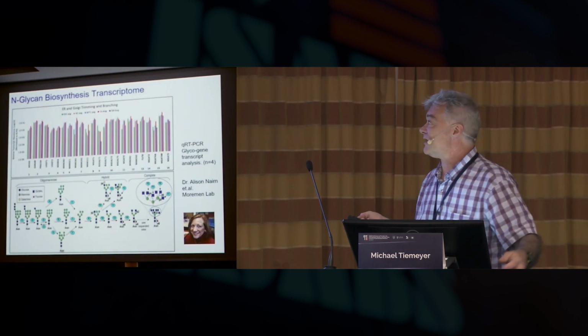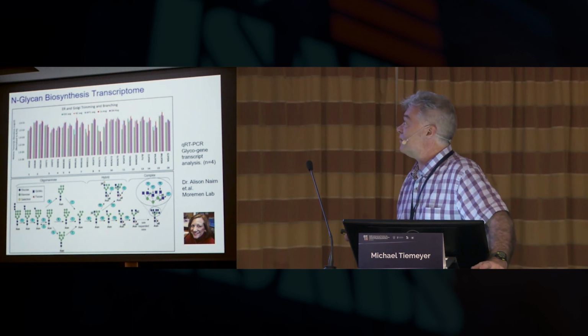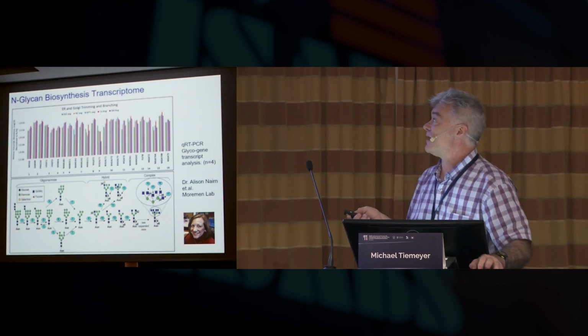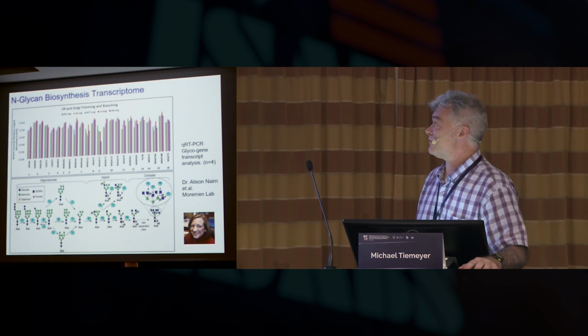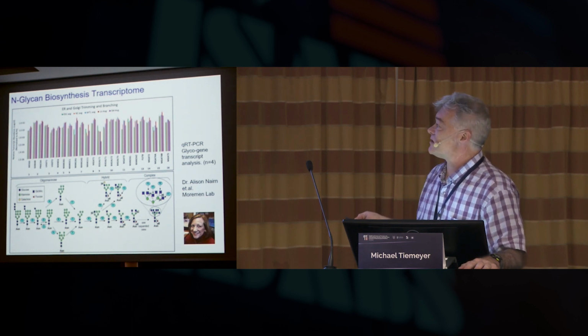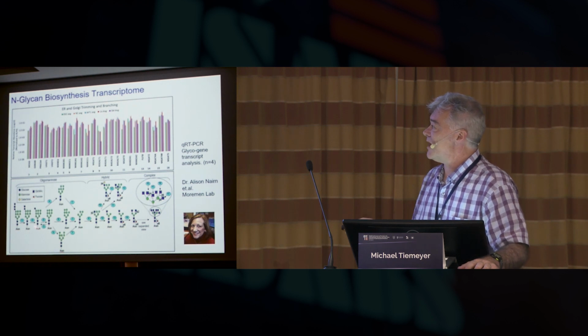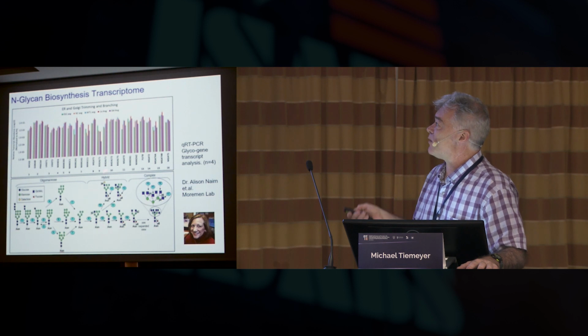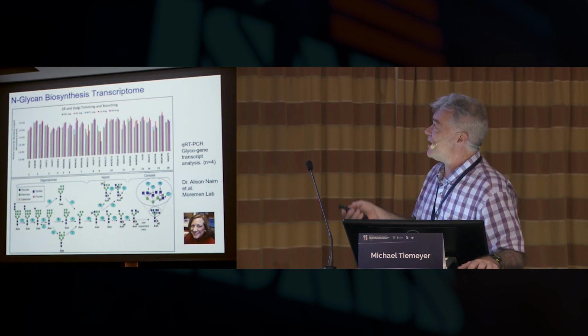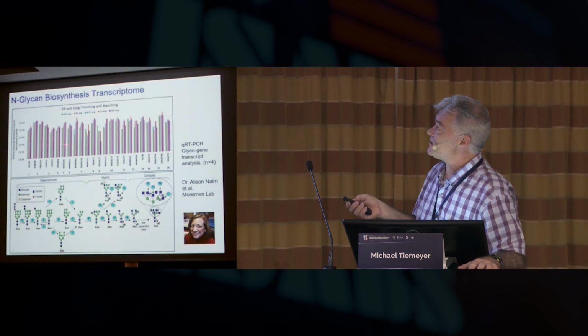So we've correlated now, in collaboration with Kelly Moremen and Alison Nairn in Kelly's lab, glycosylation profiles with glycogene transcript profiles. And so Alison has built up maps and resources for understanding glycosylation pathways and mapping specific enzymes to specific steps in that pathway. And this is, Michael showed you some of this data before.